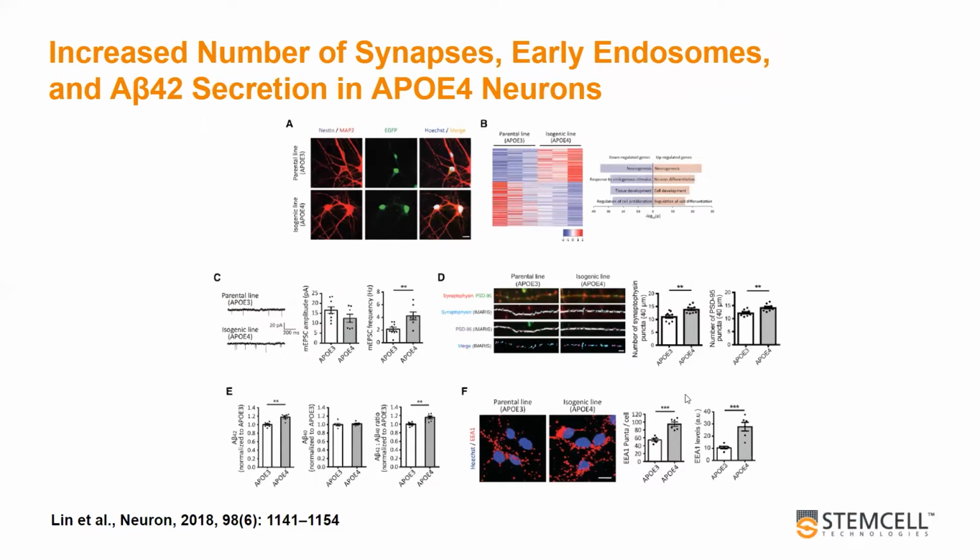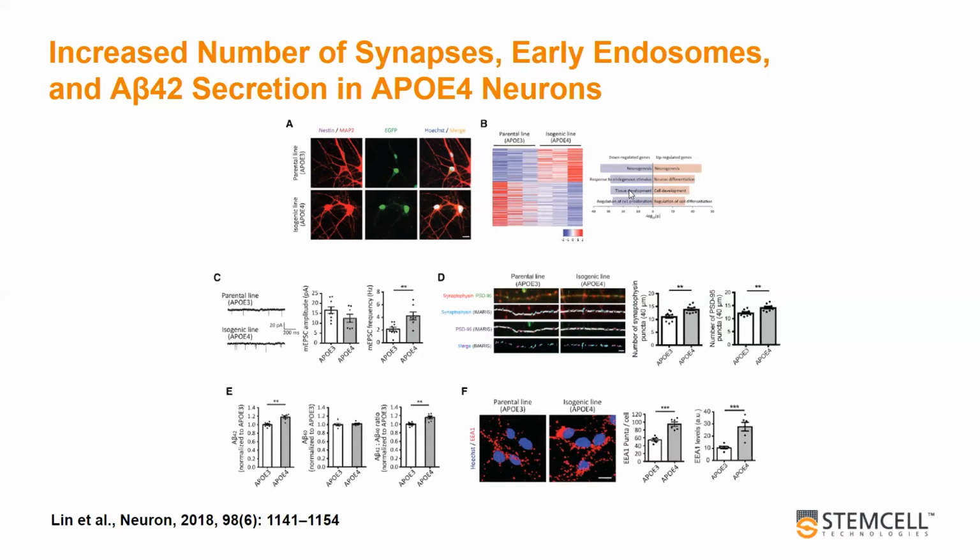Now let's look at the phenotypes that they found in each cell type. Here is the data of ApoE4 neurons. RNA sequencing data revealed over 400 differentially expressed genes between ApoE3 and ApoE4 neurons.